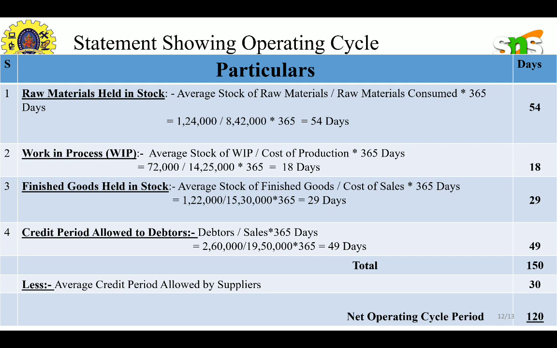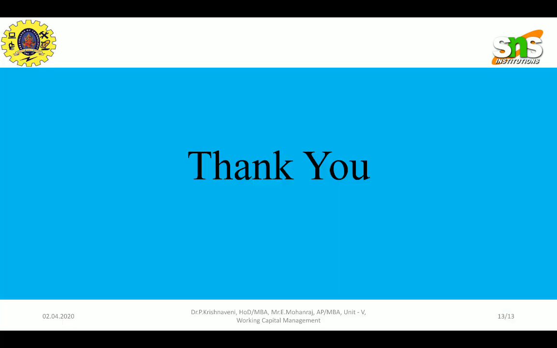Subtracting 30 from 150 days, we get 120 days, which is the net operating cycle. This is the statement showing operating cycle: 120 days. Thank you, students.